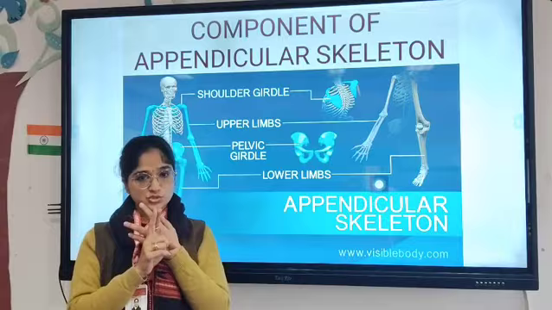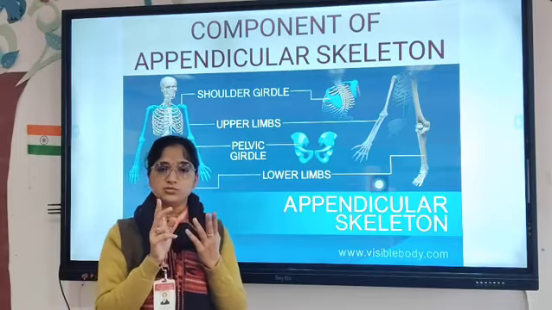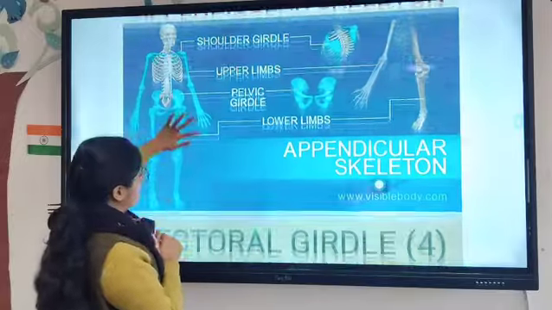The pectoral girdle is also known as the shoulder girdle, and limbs have two types, hind limbs and forelimbs.